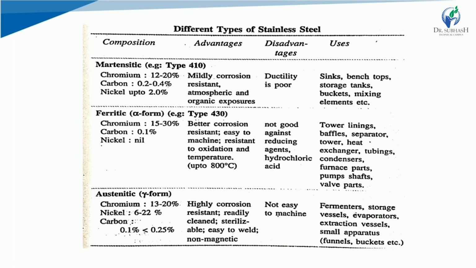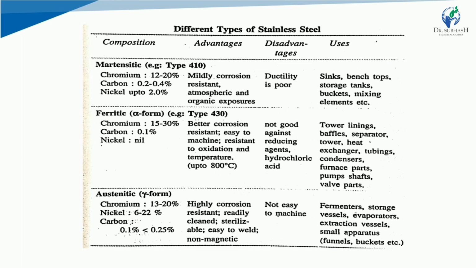Composition: generally there are three types. Martensitic, for example type 410. You need not remember all of them from your exam point of view. Martensitic contains chromium, carbon, nickel. Ferritic, that is the alpha form, contains chromium, carbon and nickel, but in varying composition from the first one.